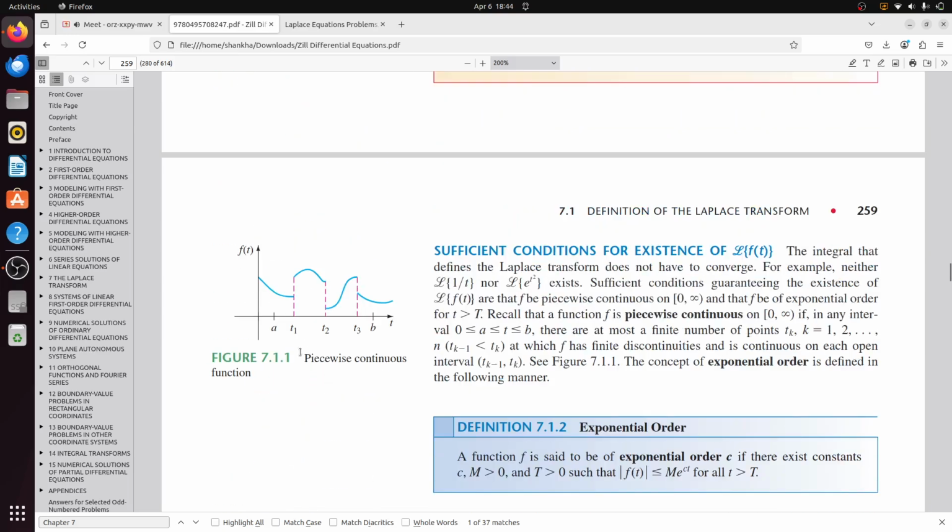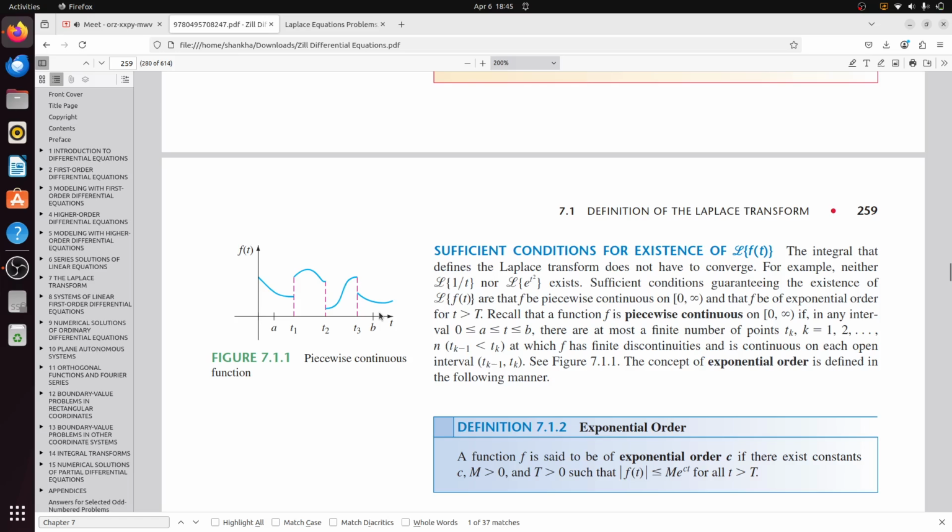There are two sufficient conditions for a function to have a Laplace transformation: piecewise continuity, and the function being exponentially bounded. Piecewise continuity means this type of function has only a finite number of discontinuities. It is continuous on this part, continuous on this part, continuous on this, and also continuous on this.